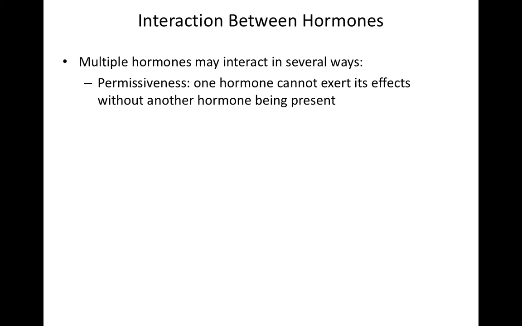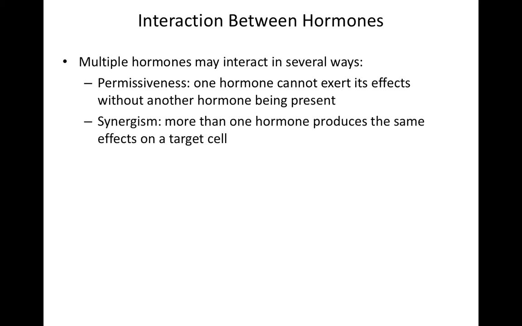Another example is estrogens and progesterone. During the early portion of a menstrual cycle, there is high estrogen, and that estrogen causes upregulation of progesterone receptors so that when the progesterone shows up, it can actually work. Without the estrogen driving the increase in receptors, progesterone isn't going to be able to work. You can secrete it, but there wouldn't be any receptors. So there's a permissiveness interaction.